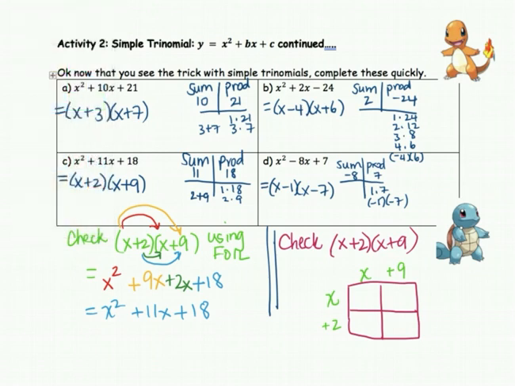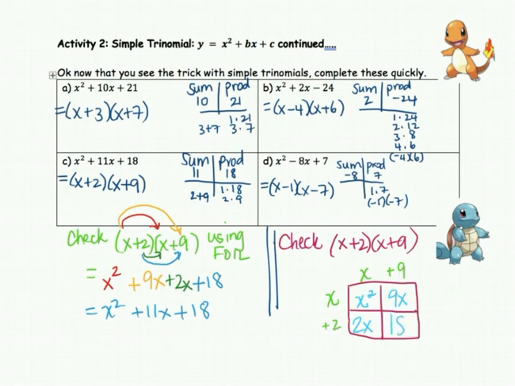For this top box here, you need to take x times x. So what does that make? That makes x squared. The one beside it, x times 9, becomes positive 9x, and so forth. x times 2 is 2x, and then the last box, 2 times 9 makes 18.